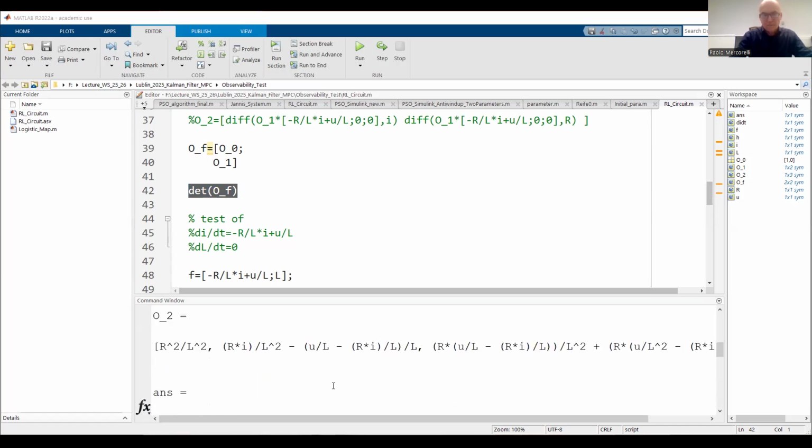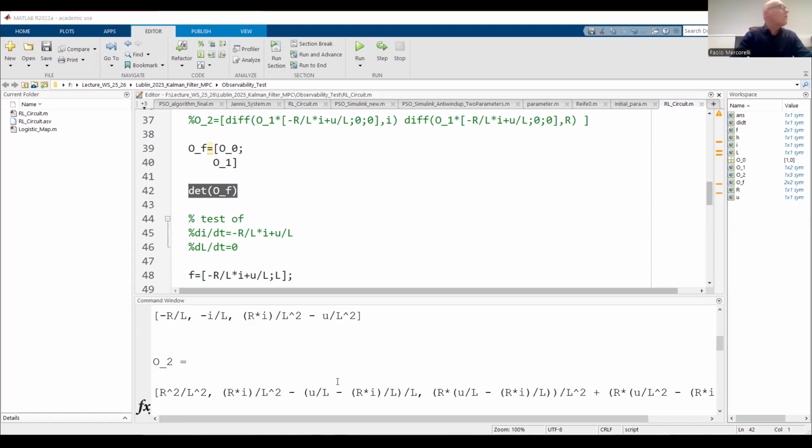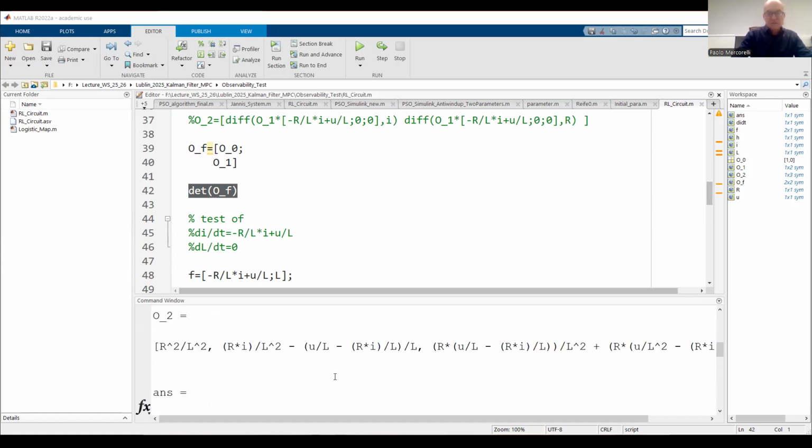Look, here we have O1, O2. O0 I didn't put because this is 1, 0, 0. I didn't put here the observability matrix.